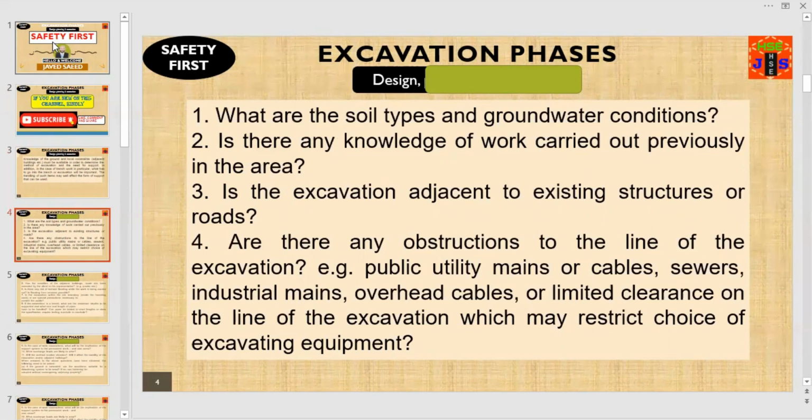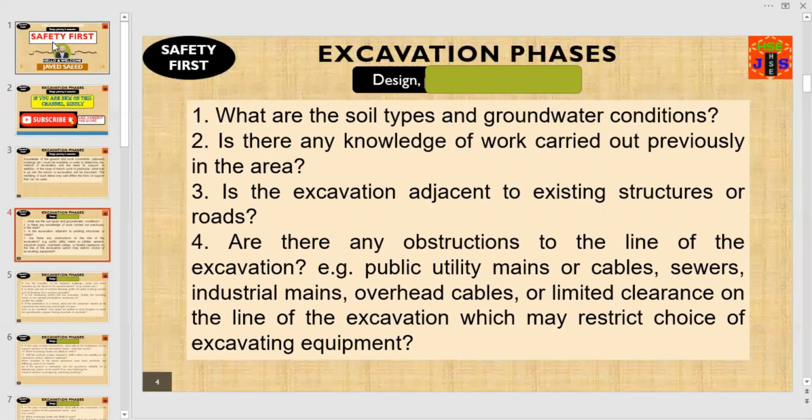Number one, what are the soil types and groundwater conditions? Number two, is there any knowledge of work carried out previously in the area? Number three, is the excavation adjacent to existing structures or roads? Number four, are there any obstructions to the line of the excavation?